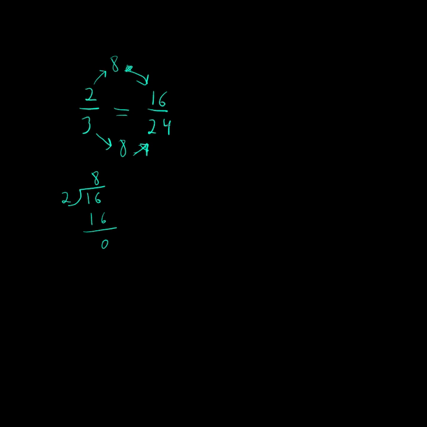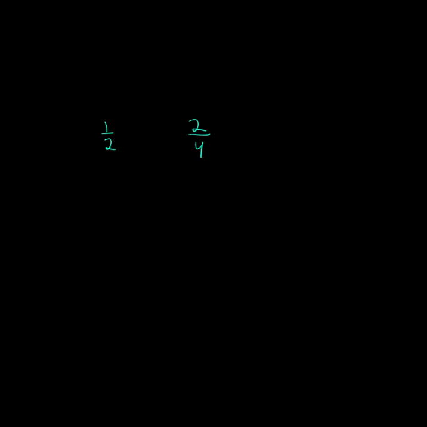Alright, so if we have two ratios and we equate them together, so let's see, 1/2 and 2/4. If we make this a proportion, set them equal, we can write these.